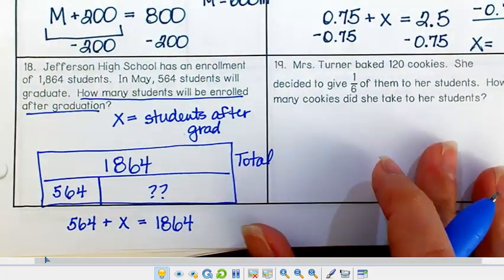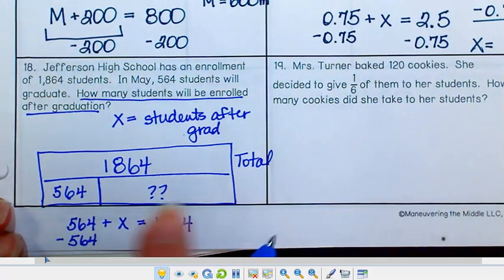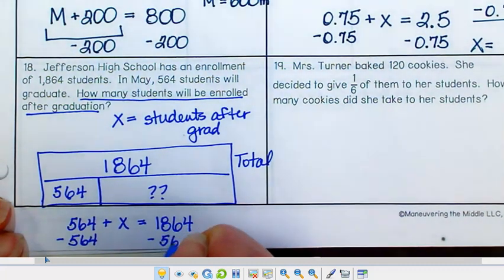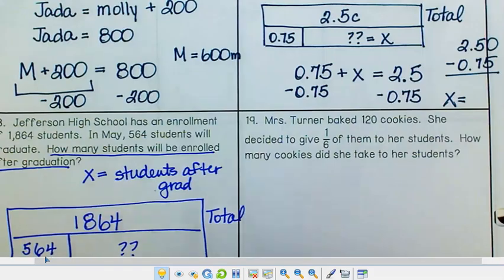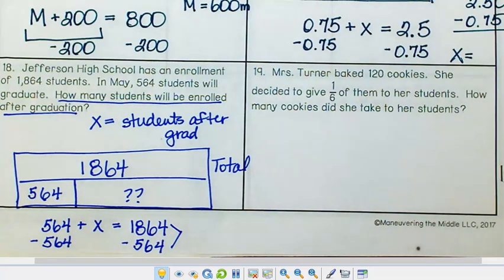To get X by itself, remember 564 right now is a positive number. Let's do the opposite, subtract it. How do I know I'm subtracting it? Well, these two, they're not multiplied or divided together. So I'm just going to do the opposite here. That's positive. So let's do negative or subtract. And so your X will be whatever the answer is to this subtraction problem.